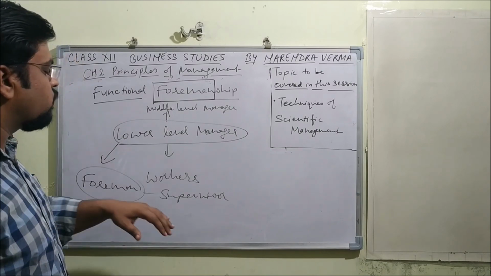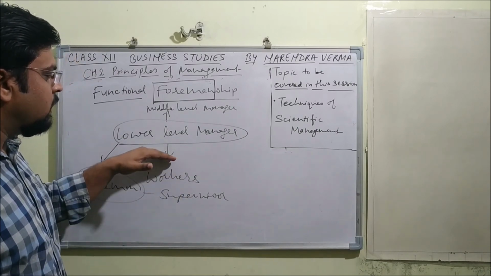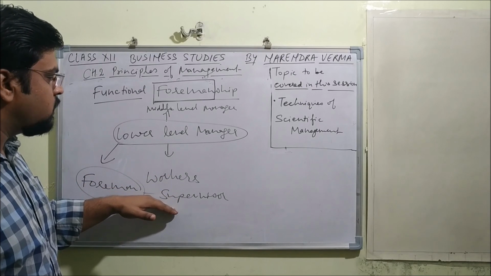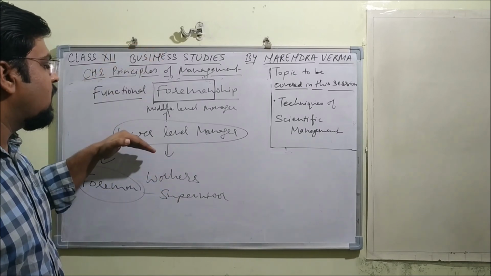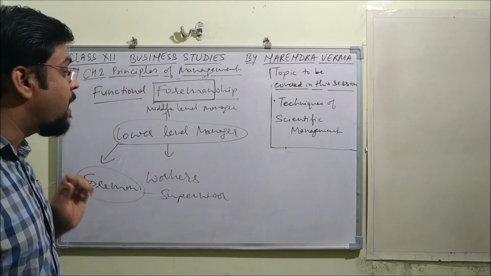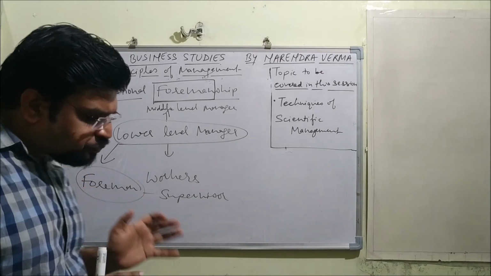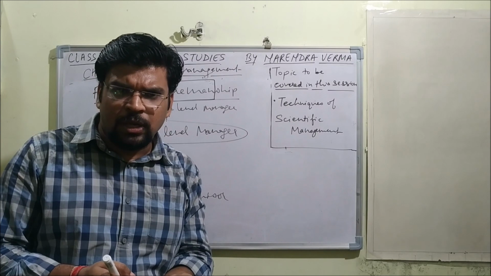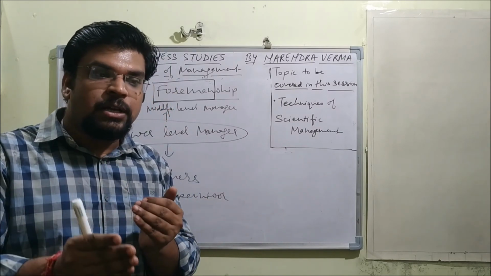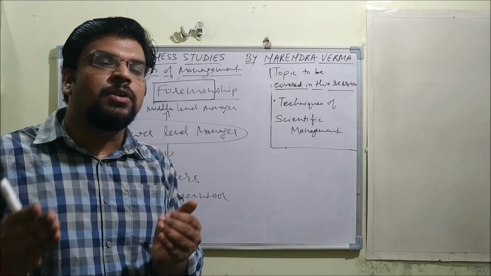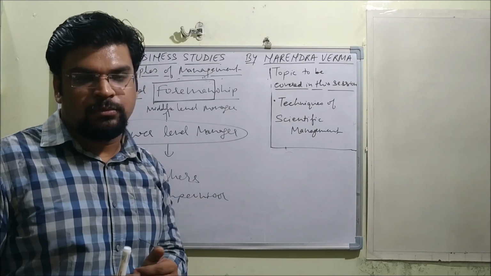If you see from the side of the workers, he is in direct contact with them. If you see from the side of the top level managers, he is at the lowest level of managers. So there is a designation, a person is assigned the job that you need to get the work done by the workers.